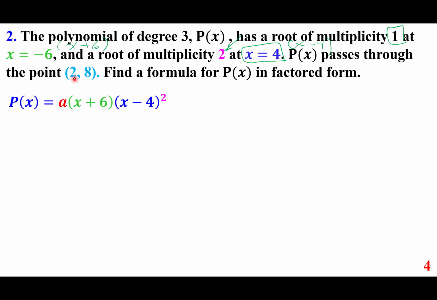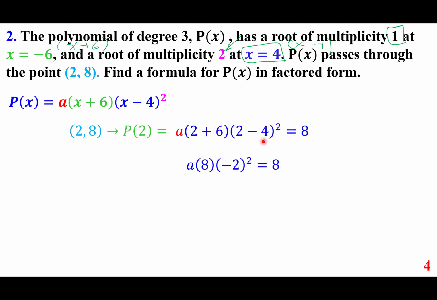Everything is in order. Now we have a point 2 comma 8, which means if we replace the x with 2, the y or P of x must be 8. That will help us find a. Let's plug it in. 2 comma 8, which means P of 2 is 8, equals a times 2 plus 6 times 2 minus 4 squared. 2 plus 6 is 8. 2 minus 4 is negative 2, quantity squared.